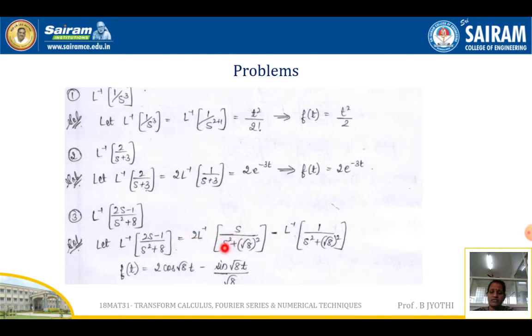Then we get 2 times L inverse of s divided by s square plus root 8 the whole square, minus L inverse of 1 upon s square plus root 8 the whole square. The first part can be written as 2 cos root 8t, and the second part can be written as sin root 8t. But in the numerator we don't have a, therefore it will be divided.